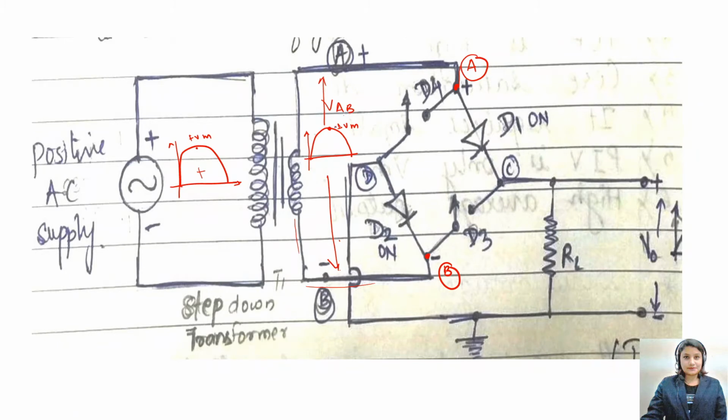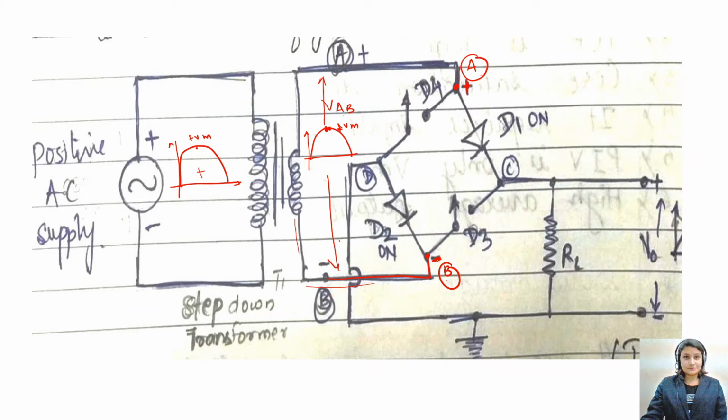That means the maximum voltage is appearing at the point A, so I write down A as having positive potential. From the bottom, your B point has a negative potential.